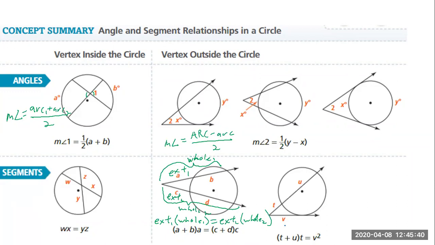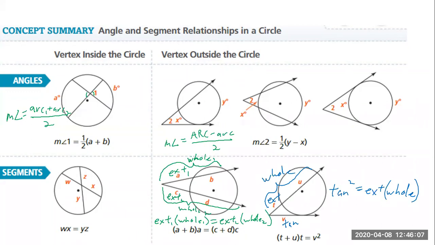So this piece is going to be tangent. This is the exterior. And then again, whole. So we have tangent squared equals exterior times whole. All right. So that's a summary of all the equations that we're using in this section.